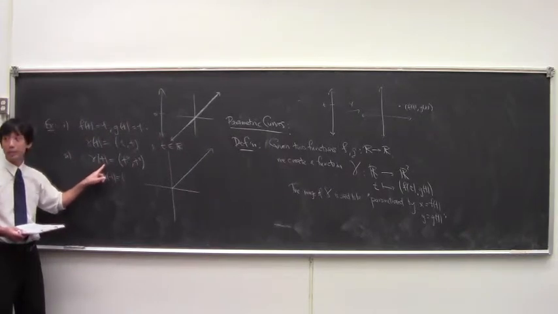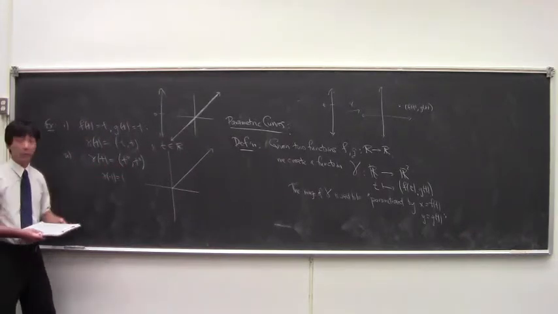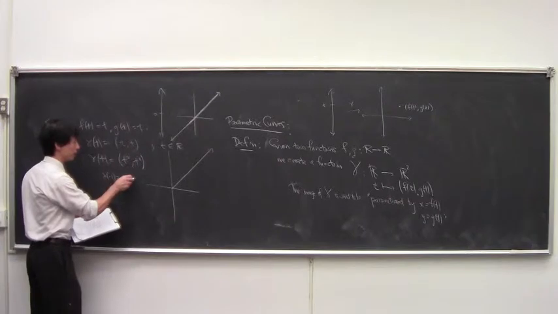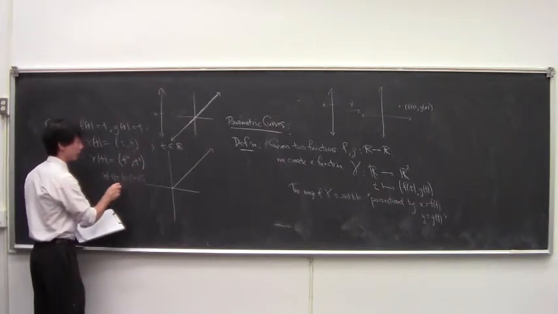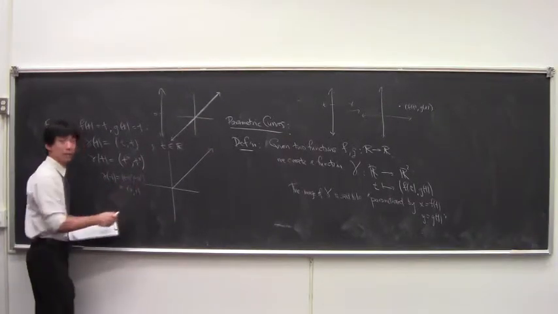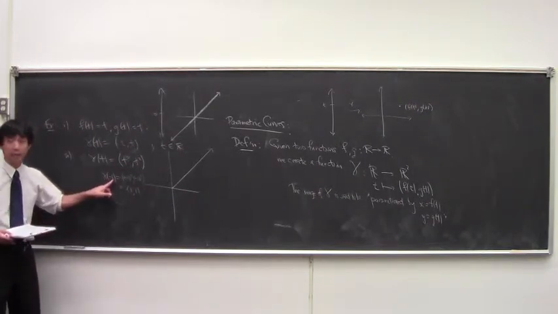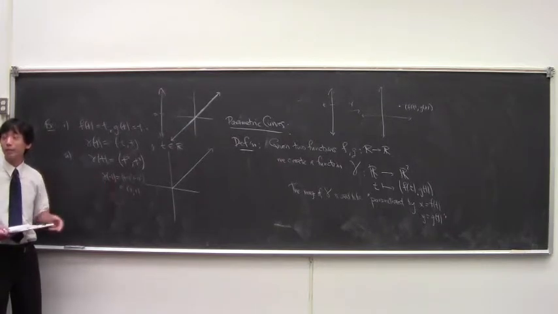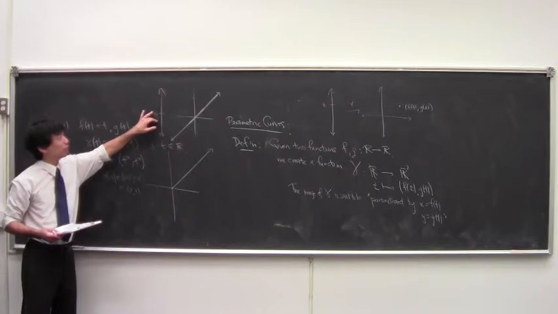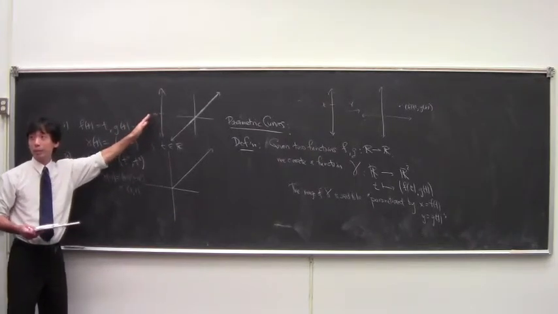So you feed it a -1, it'll be -1 squared, -1 squared. So 1, 1. But then isn't that a different x that you're using? This is not your x value. This is the input.